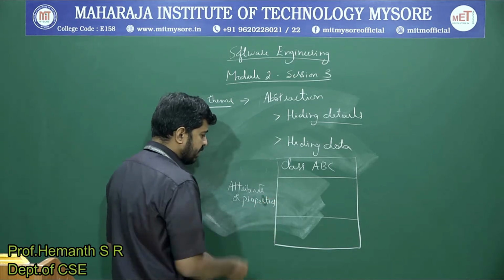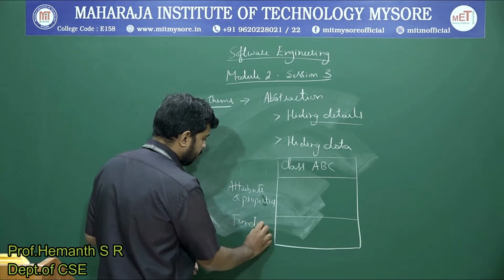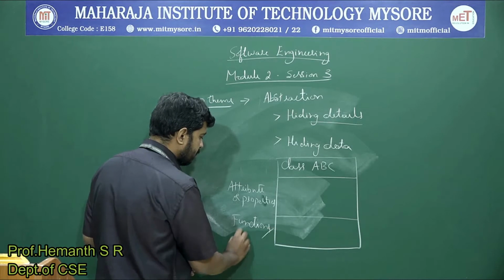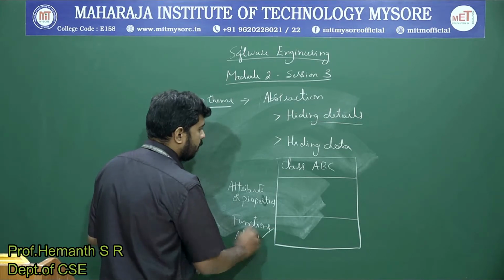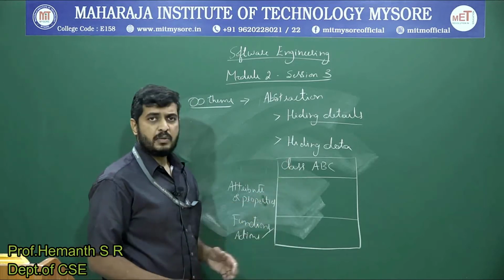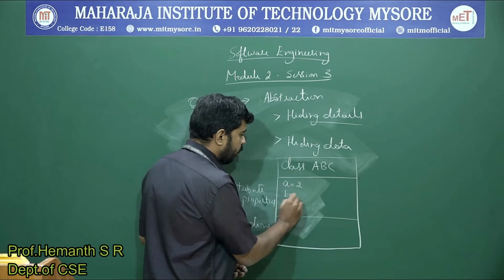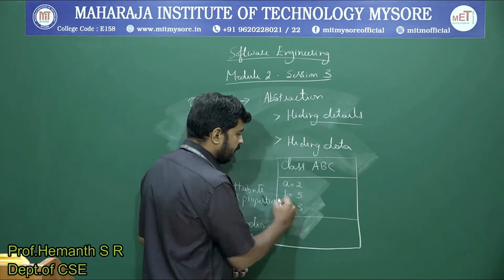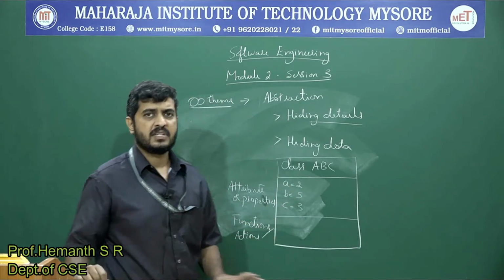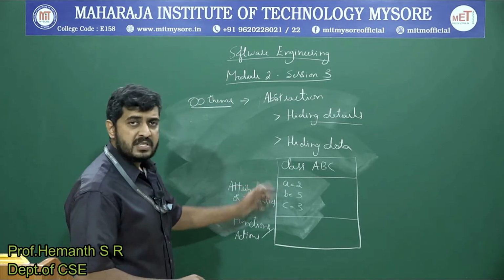The other section is the functions or actions. Now consider I have a few values within this class ABC. For example, A equal to 2, B equal to 5, C equal to 3. This example is just for demonstration purpose. Three variables are there, A, B, C.